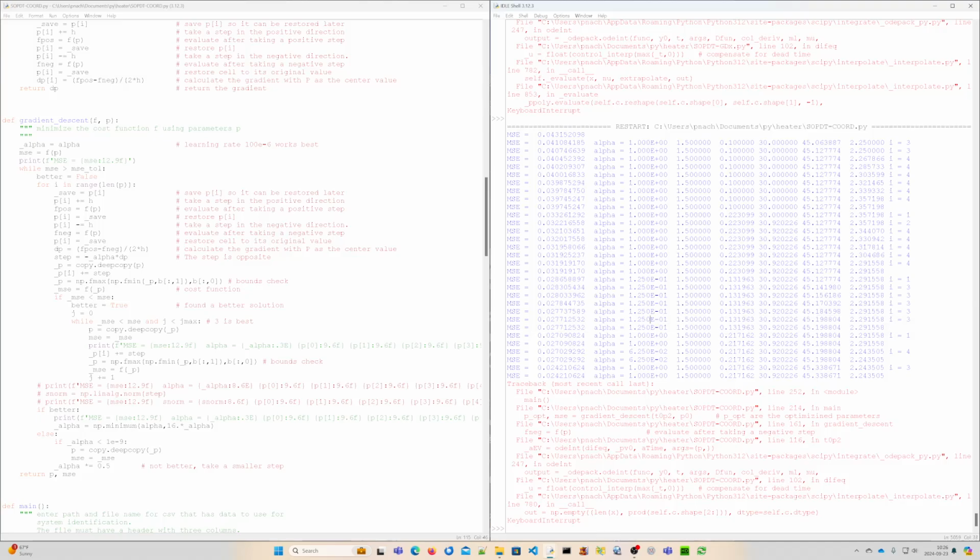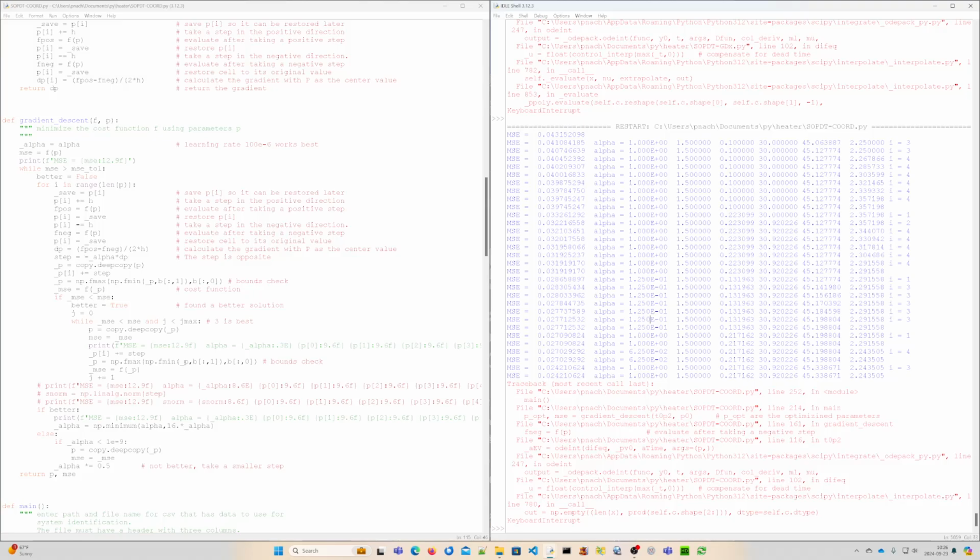This is my gain, the first time constant, the second time constant, the ambient temperature, and the dead time. You can see that it alternates between all these different ones, moving one at a time, and it gets down to a minimum, although not global, pretty quickly.